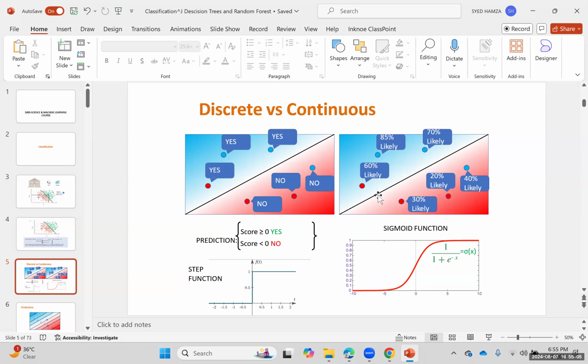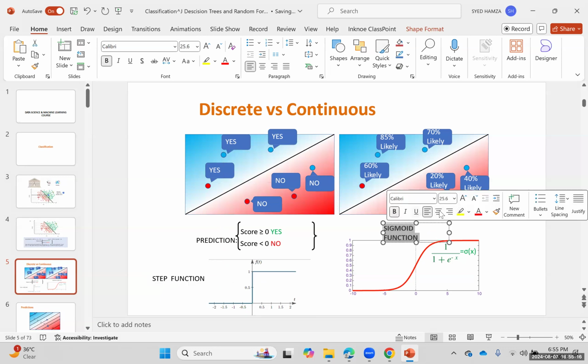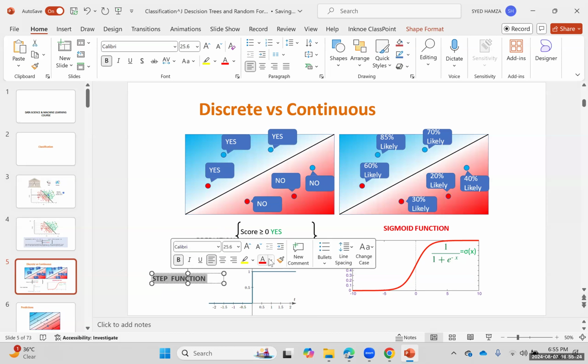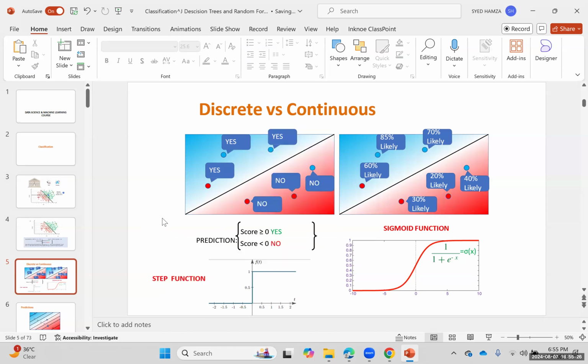We have a step function that helps you get the prediction if the data is discrete. On the other hand, we have the sigmoid function if the data is continuous, like when you want probability-based values, how much the probability is that it would be in a positive region or a negative region.